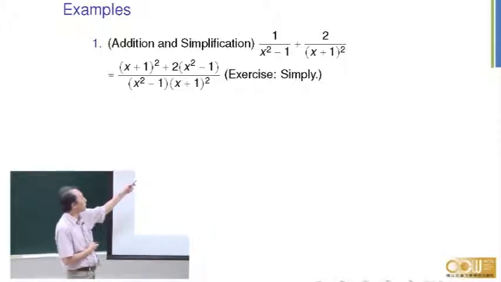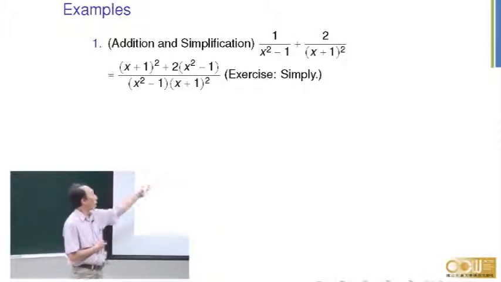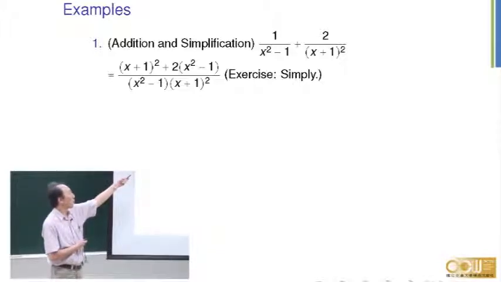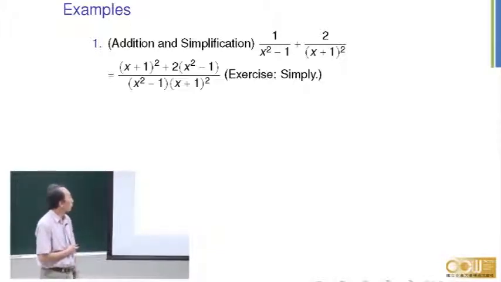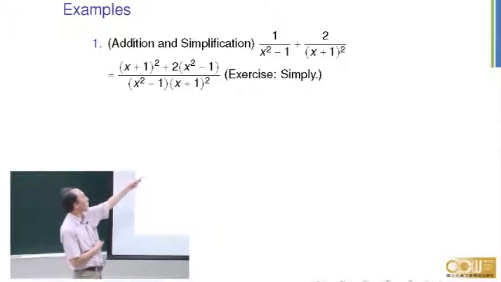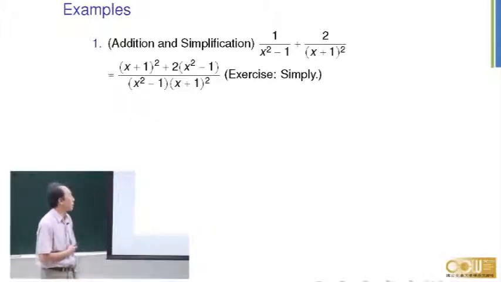For the first one, because I have an extra factor x plus 1 in the denominator, I have to multiply that quantity into the numerator for the first term. For the second term, I changed the denominator. We have an extra quantity x squared minus 1, so I have to multiply that into the numerator of the second quantity.